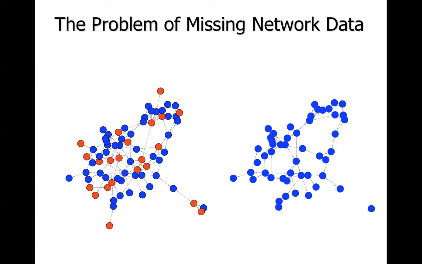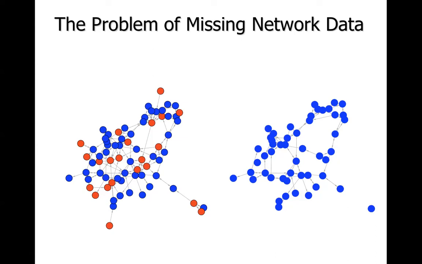Similarly, in the network on the right-hand side with those non-respondents removed, the groups look less interconnected, less cohesive, in part because the non-respondents, those folks who didn't fill out our survey, in reality are playing an important part in keeping those groups together. And more generally, it looks like we underestimate how connected that network truly is.